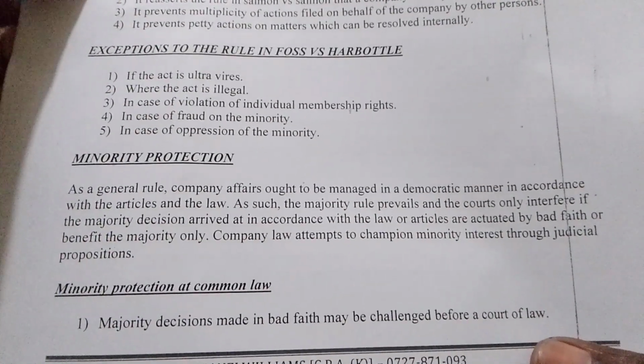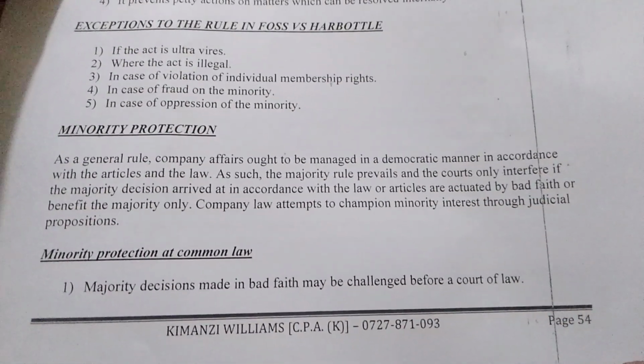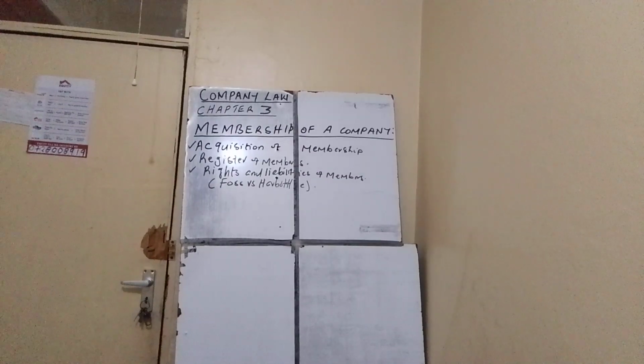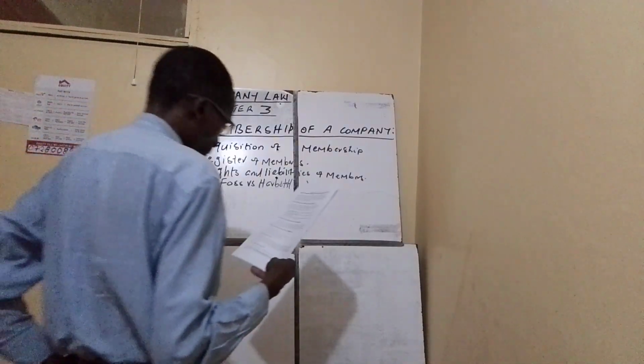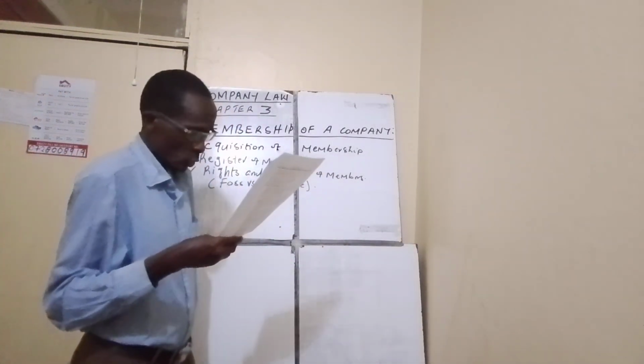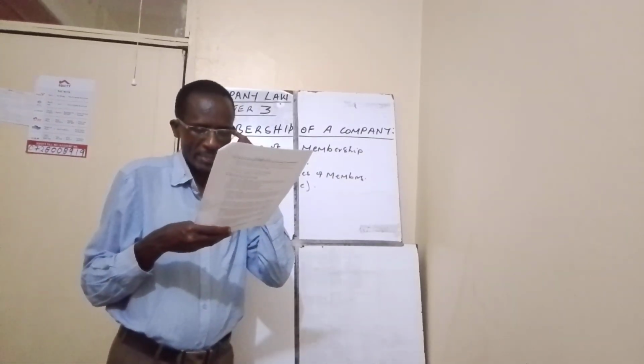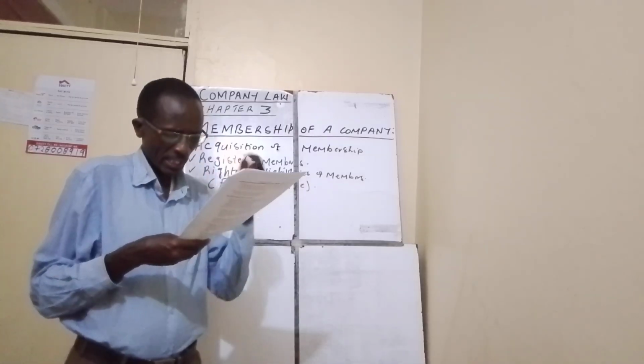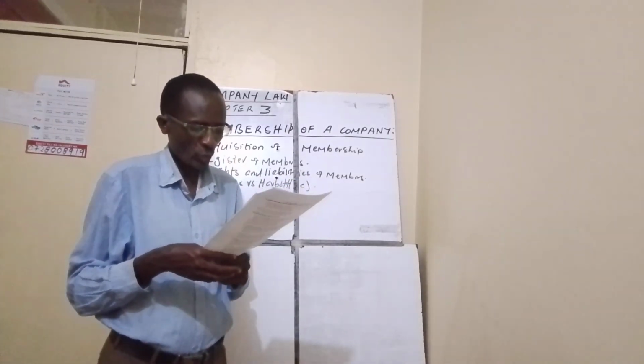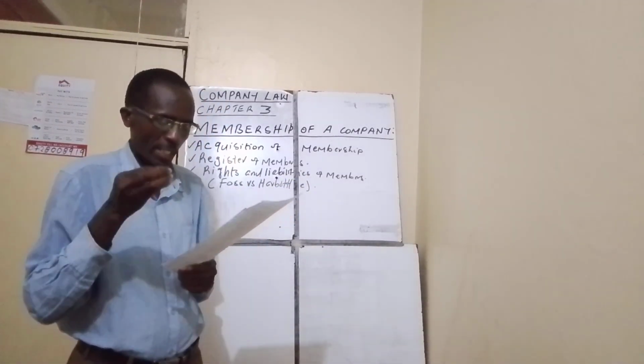Now we go to minority protection. As a general rule, company affairs ought to be managed in a democratic manner in accordance with the articles and the law. That's the Articles of Association.